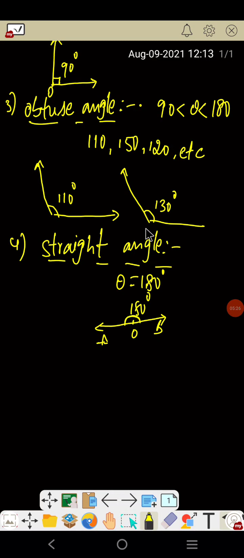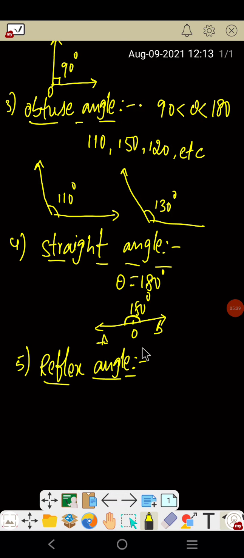Is it clear? Next one, the fifth one, reflex angle. A reflex angle means an angle that is more than 180 degrees and less than 360 degrees.